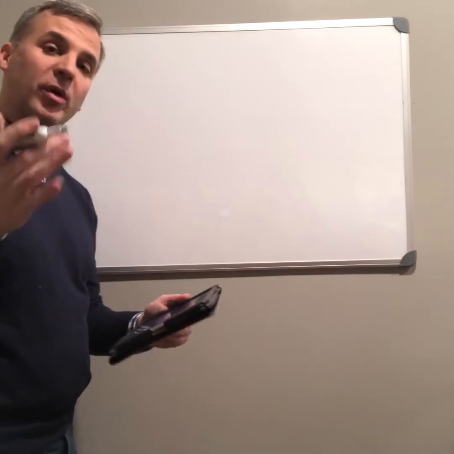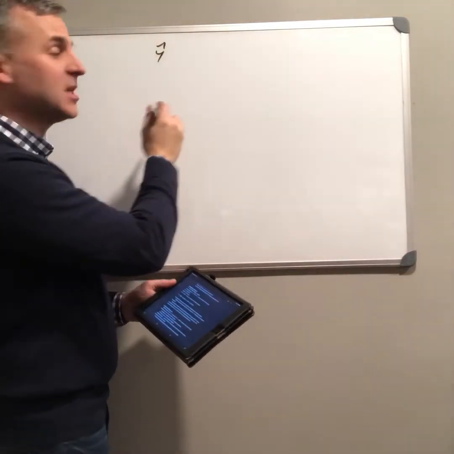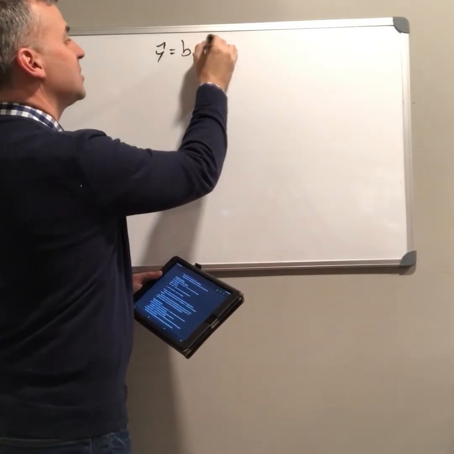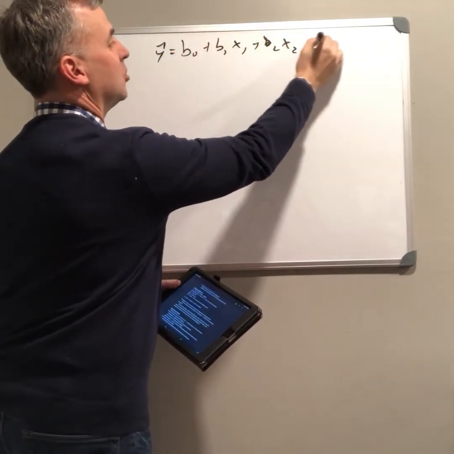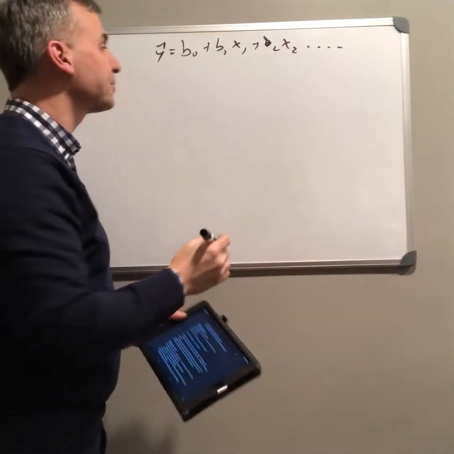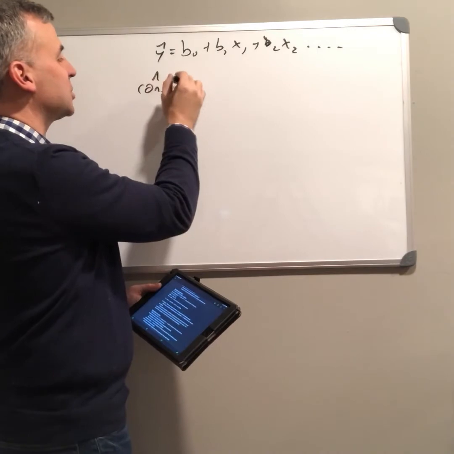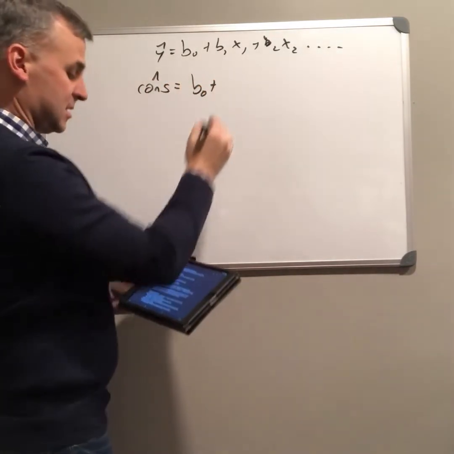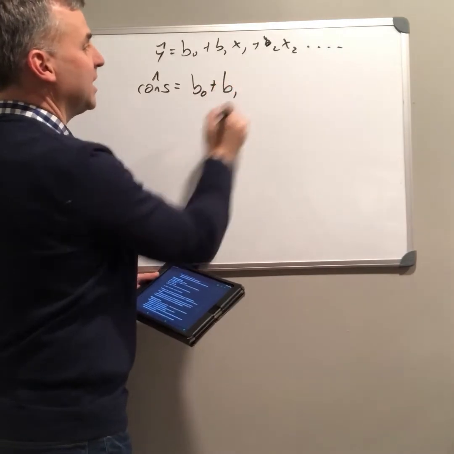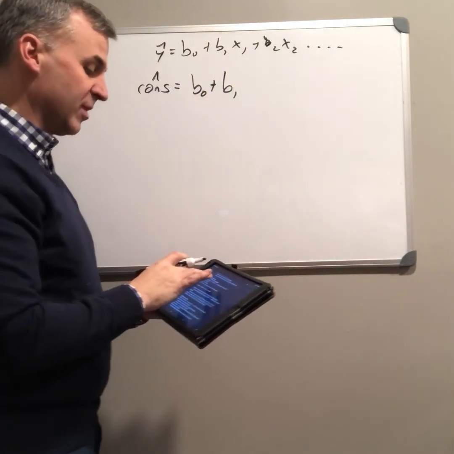But let's talk about our regression equation. Right, so our typical regression equation: y hat, or predicted value of y, equals b sub 0 plus b1 x1 plus b2 x2, all the way out to whatever. So in this case, our expected conservative values would be b sub 0 plus a coefficient for each one of our dummy codes, our dummy variables.